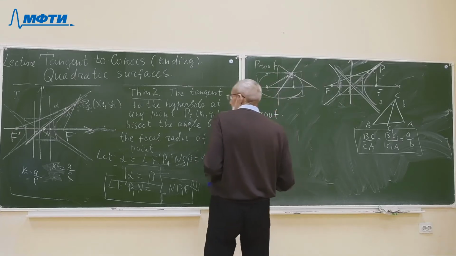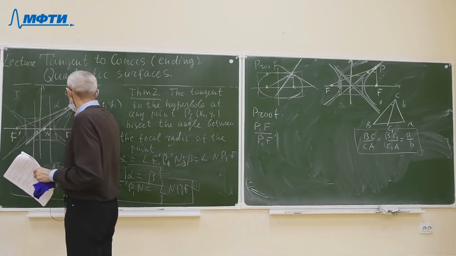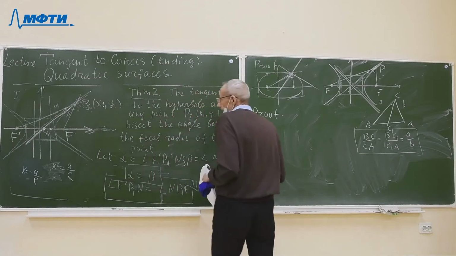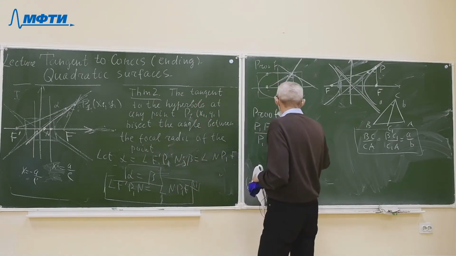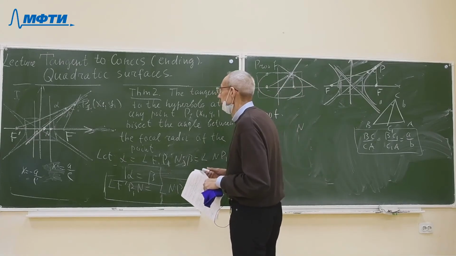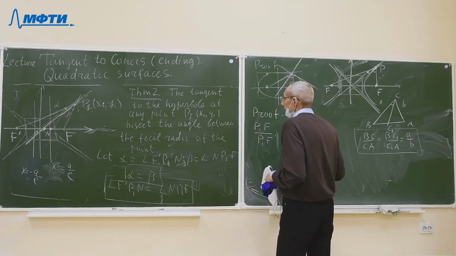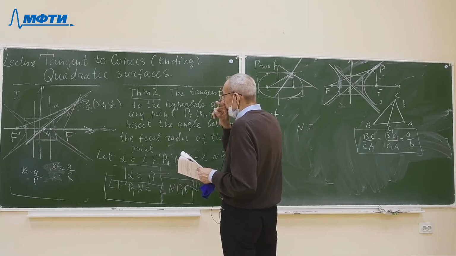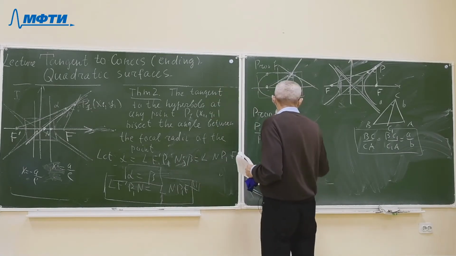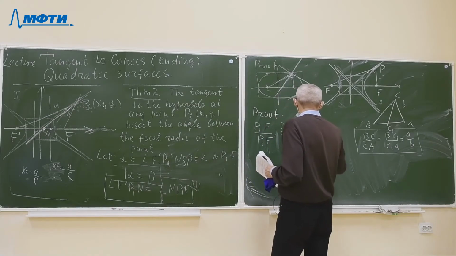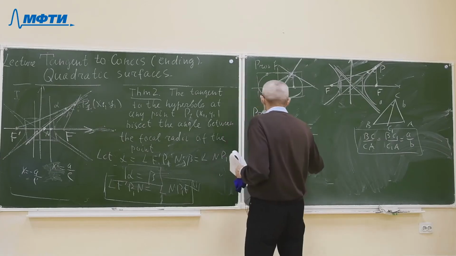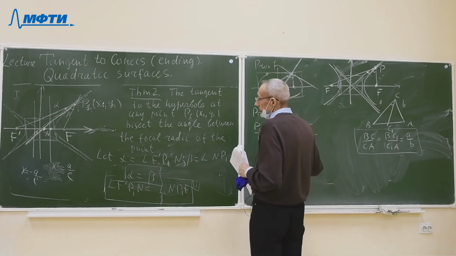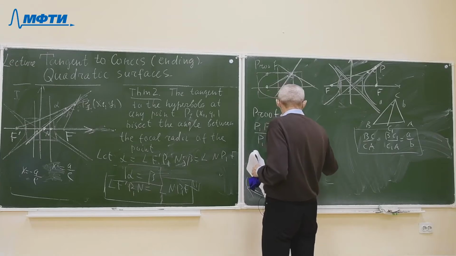By definition, this ratio is equal to the ratio between the points N and F, and we can prove that the ratio is equal to the ratio NF to NF prime.